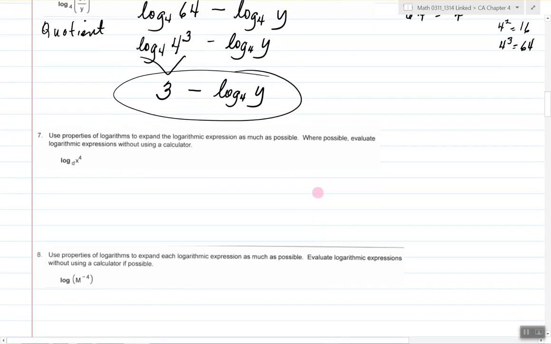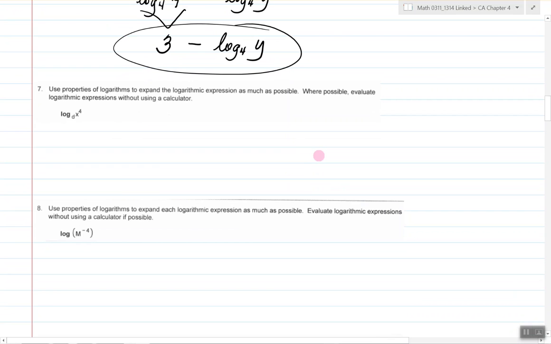Number 7. All right, I don't think I'm going to be able to simplify this. But it is a power. When you see your argument with a power, you're using the power rule. Take that power and it becomes the coefficient. So it is 4 log base d of x.